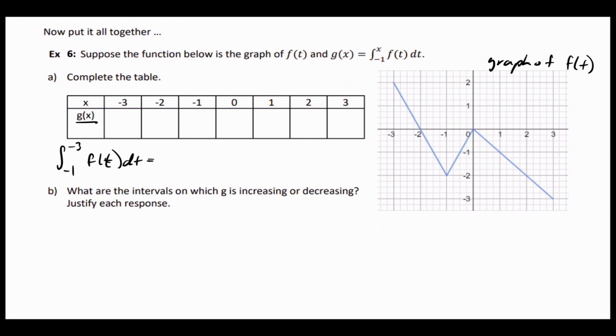Is that a problem? Yeah, going the wrong way, right? So I've got to flip them. So it's going to be negative 1 times the integral from negative 3 to negative 1 of f of t. Here's negative 3. Here's negative 1.